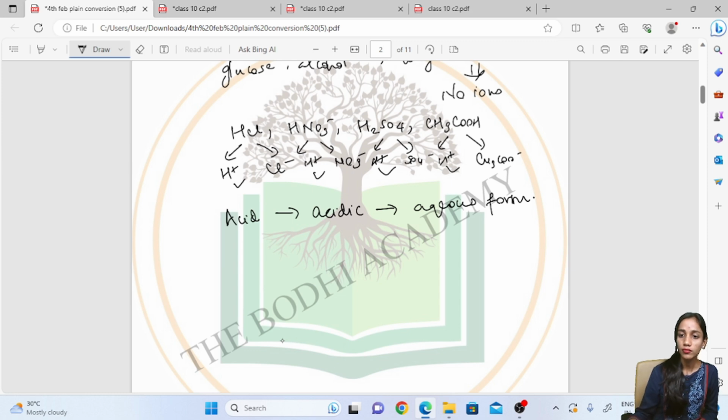Now it was HCl gas which was produced, right? It was dry. Then you expose it to dry litmus paper which was blue in color. There was no color change.